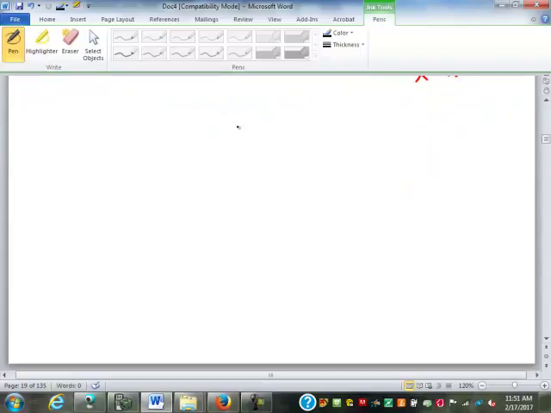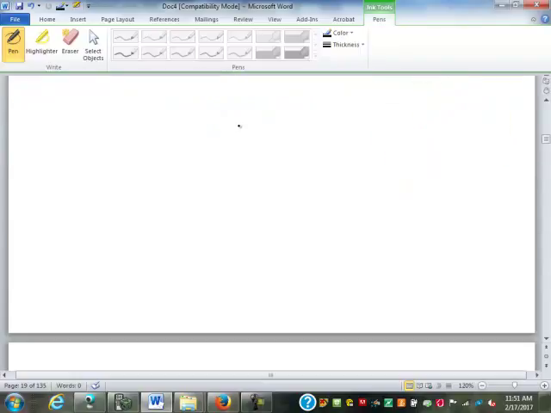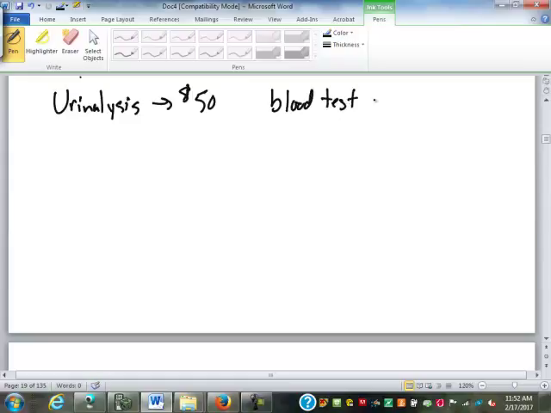The next strategy that we have doesn't represent one as a multiple of the other. It represents two different totals, which is going to bring us into our mixture problems. We'll start off though, let's do the same thing. So urinalysis still costs $50, and blood test is still going to be $150.